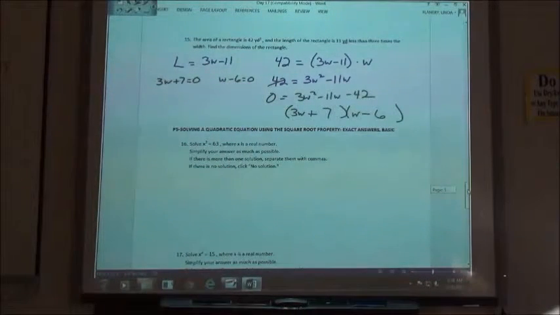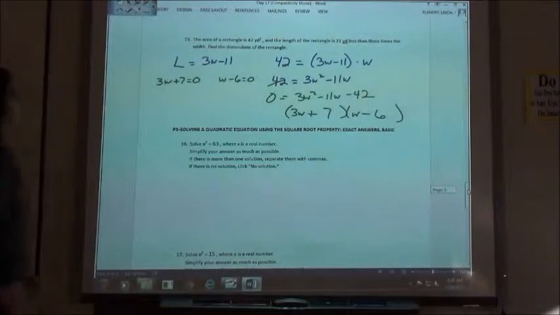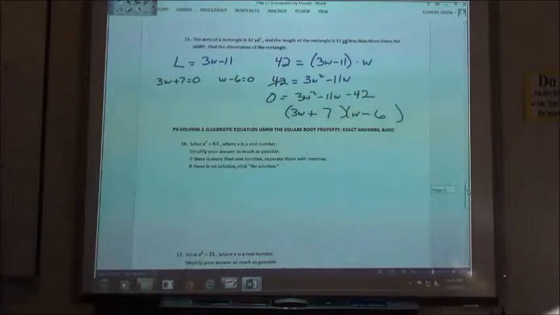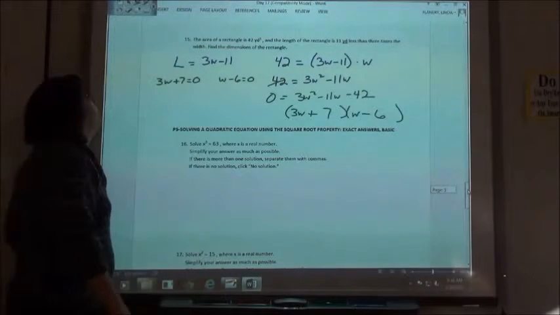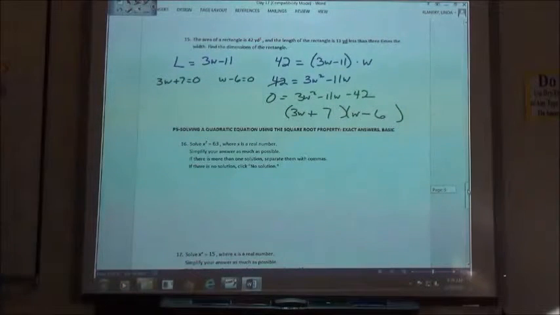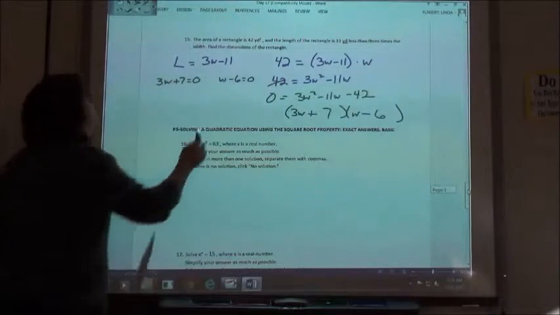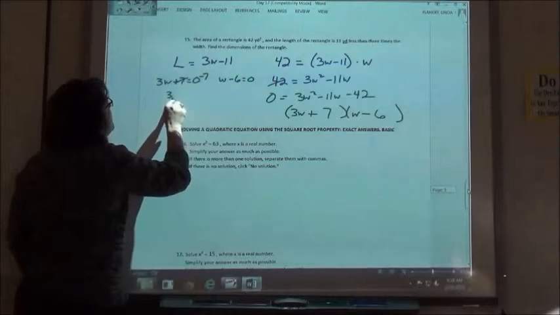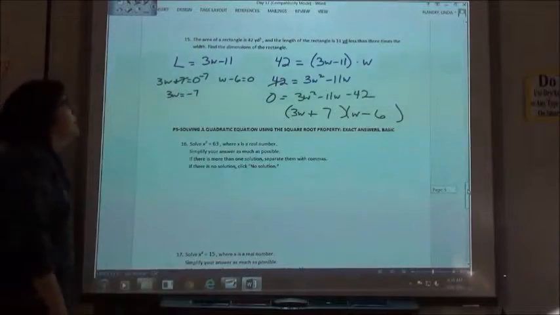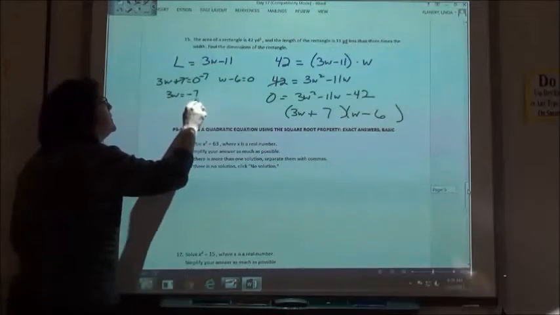So what happens when we solve the first one? 3W is going to be minus 7, so 3W equals minus 7, and then we divide by 3, right?